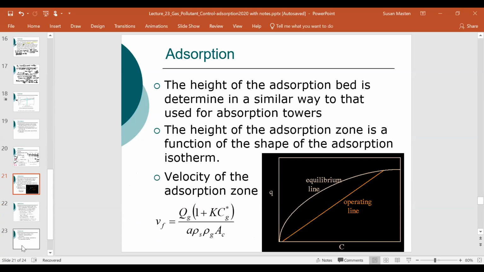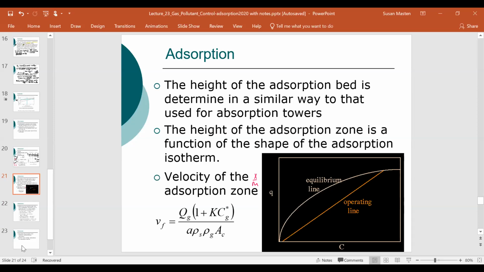Now, the height of the adsorption bed is determined in a similar way to what we used for adsorption towers. It is also a function of the shape of the adsorption curve. And if you remember, I didn't spend a lot of time going over this, but we talked about isotherms. So this equilibrium line is that X over M or Q value obtained from your isotherm data.